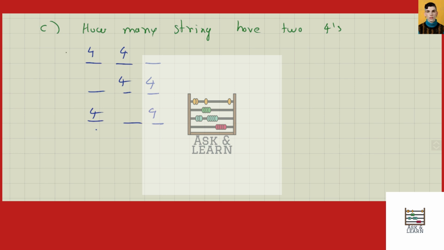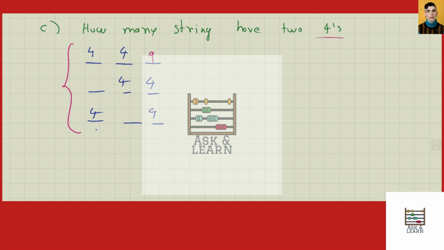So you can see that we have 3 possible configurations to put our 4s, and then for the remaining digit in our string we have 9 possibilities, because we cannot put there another 4, because that would be a contradiction. This string must have only 2 4s.